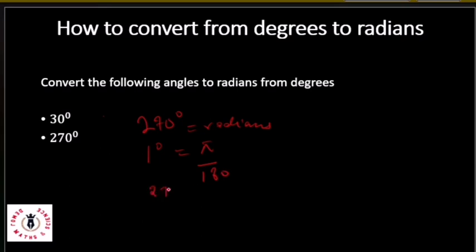So that 270 degrees will be equal to pi over 180 times 270. I obviously know that 270 and 180 are both multiples of 90, so I can conveniently pick 90 in 270, that's 3, 90 in 180, that's 2. So that's equal to 3 pi over 2.